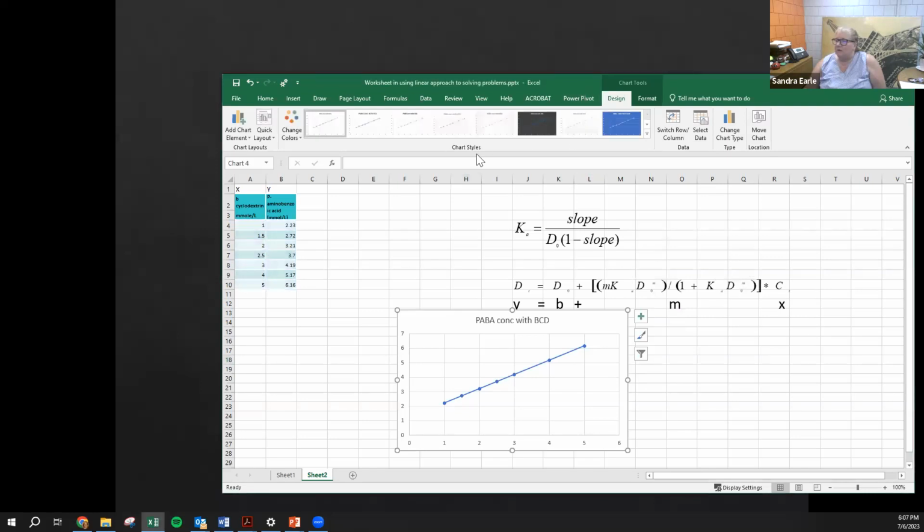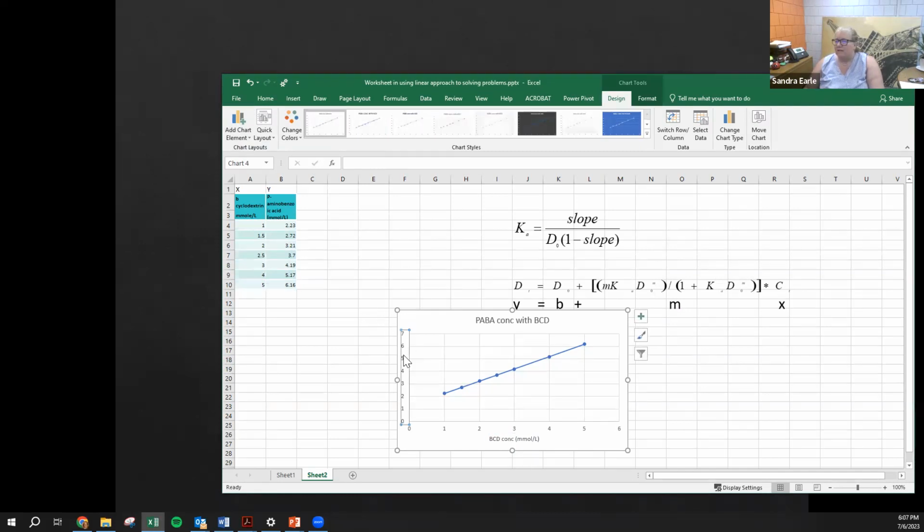We need to add some titles, don't we, on the primary X data axis. We have our beta-cyclodextrin concentration in millimoles per liter.